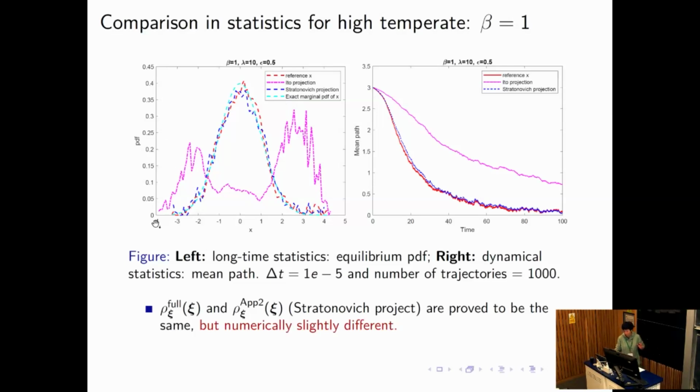On the left-hand side, we have the equilibrium PDF versus X, and on the right-hand side, we have the mean path, which partially tells us the dynamic statistics. So apparently, the Ito formulation is wrong, and the Stratonovich projection, the sky blue one, is close to the truth. However, we have some slight bias. Initially, we thought it's because our time step is not refined enough.